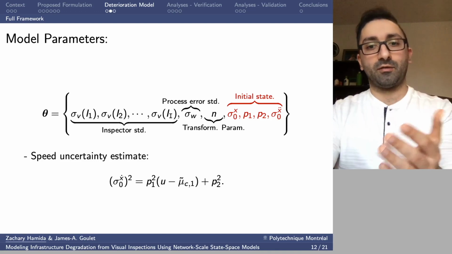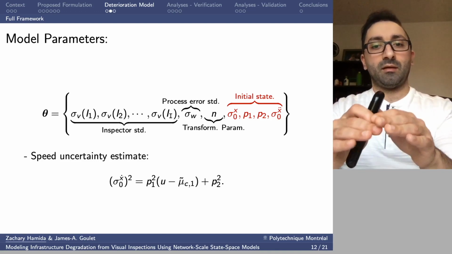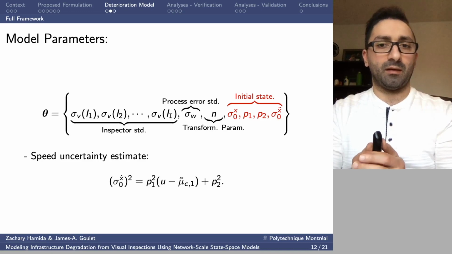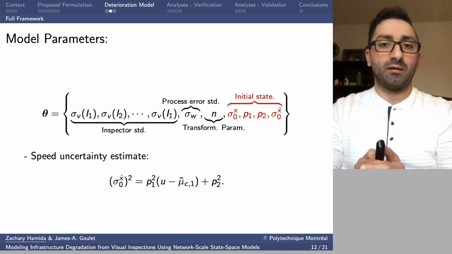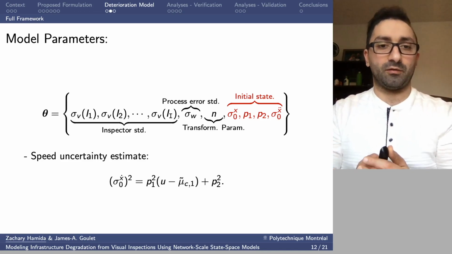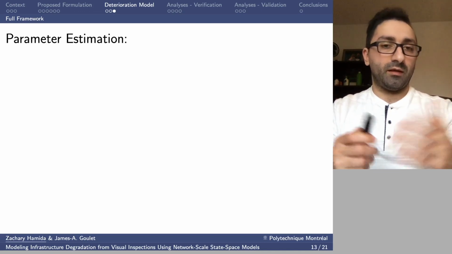So my initial state would be described by these parameters for the speed and for the other condition and acceleration. So these are the parameters.